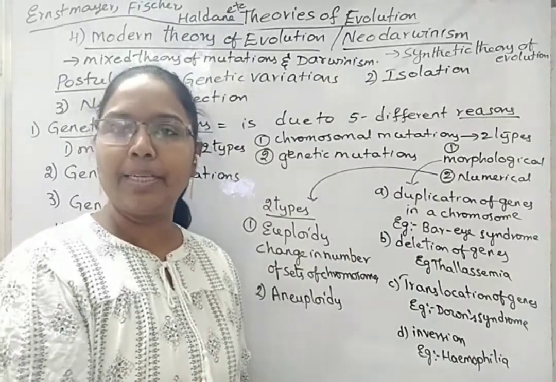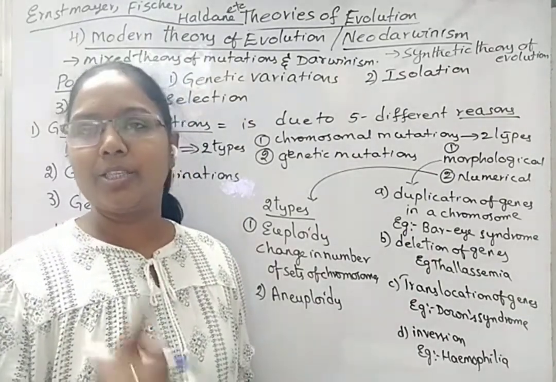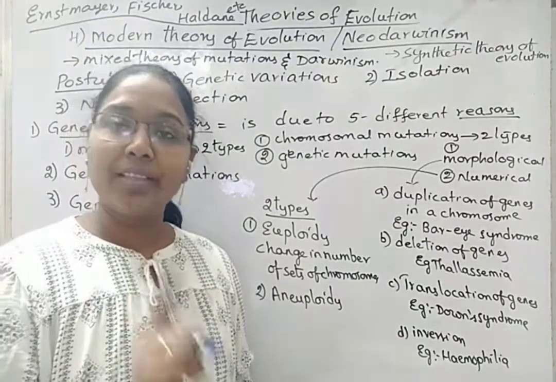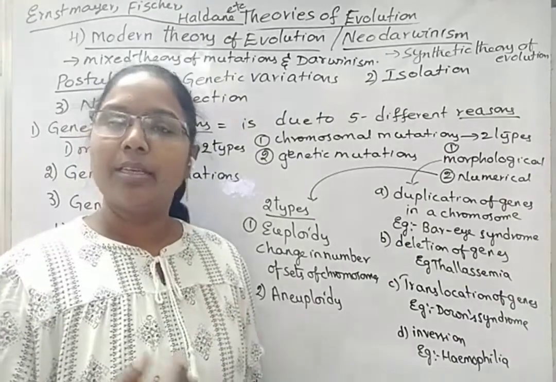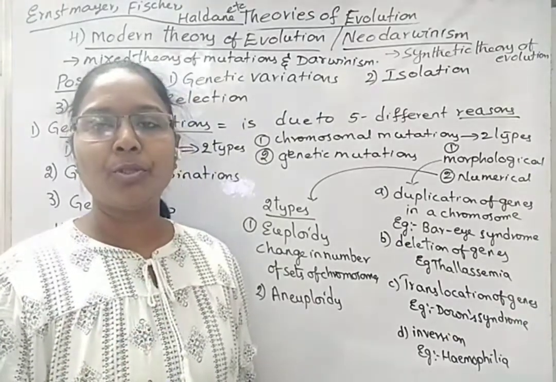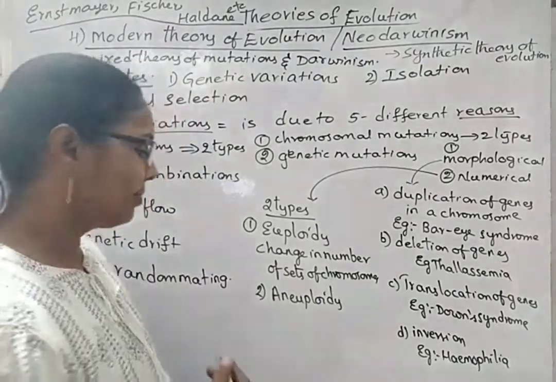But a zygote has two sets of chromosomes.